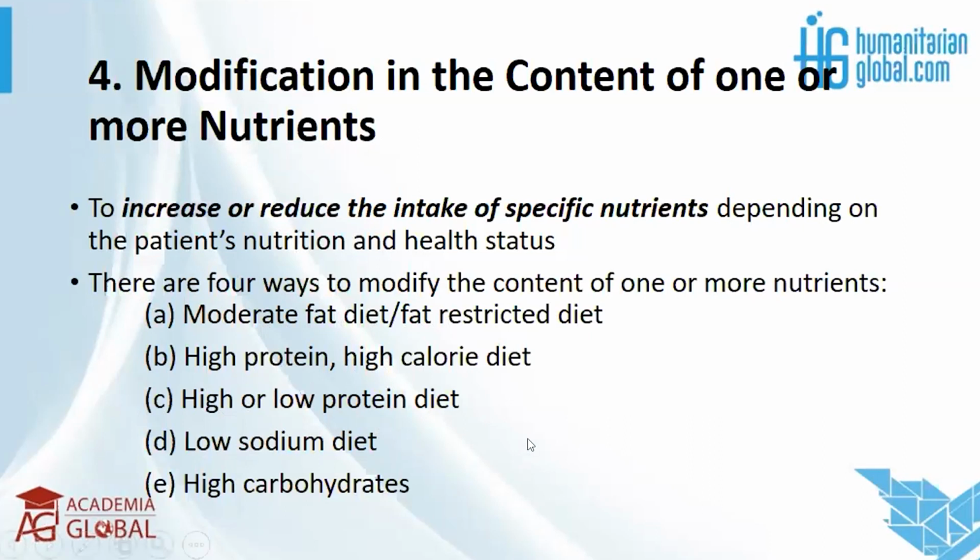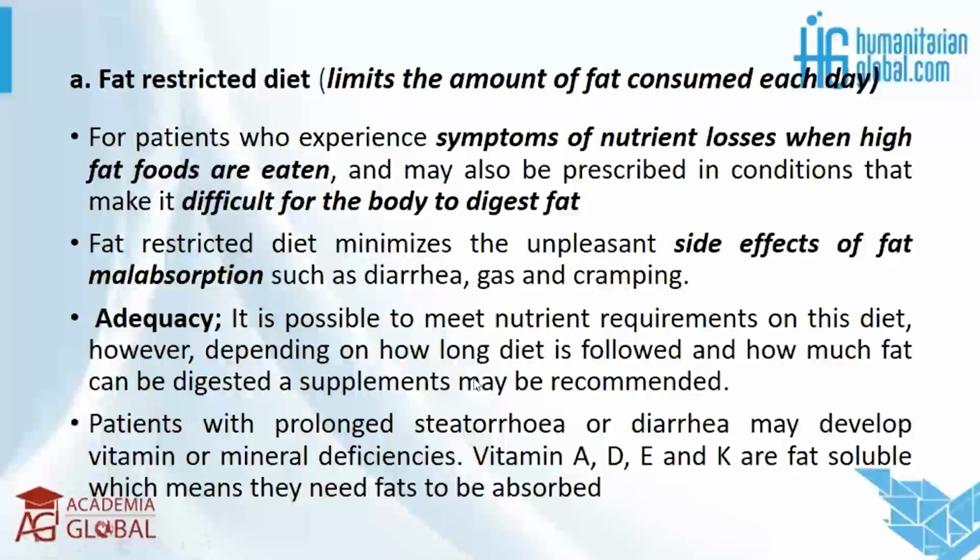So these are examples, and I will give the example of a fat restricted diet. This one limits the amount of fat consumed each day, and it's for patients who experience symptoms of nutrient losses when high fat foods are eaten, and may also be prescribed in conditions that make it difficult for the body to digest fat.